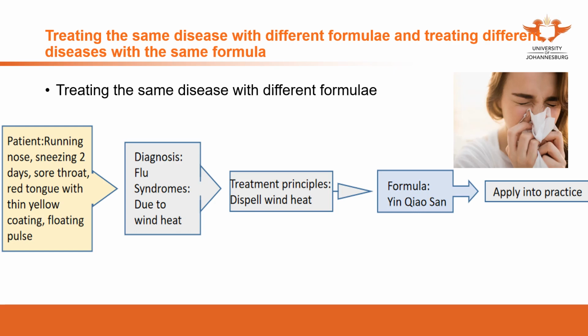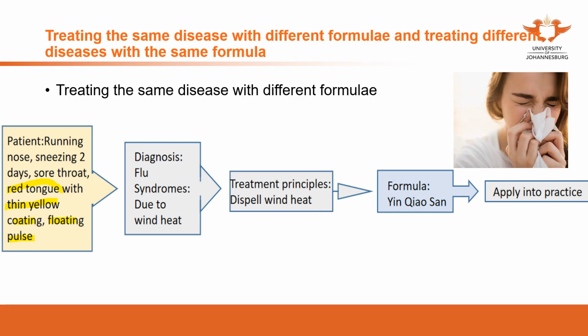So the patient had a runny nose and sneezing for 2 days. And the signs we can see were the red tongue, yellow coating, and floating pulse. So from here, we're going to diagnose that this patient got flu, or the flu due to wind heat.